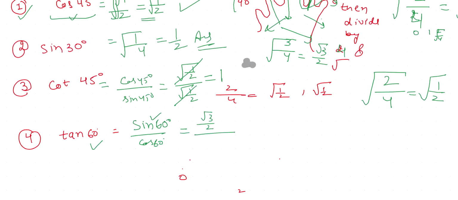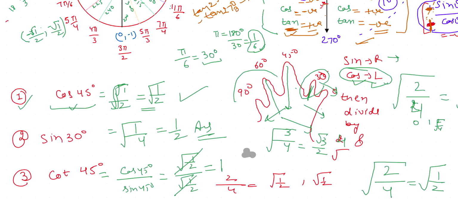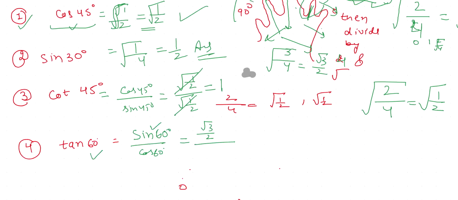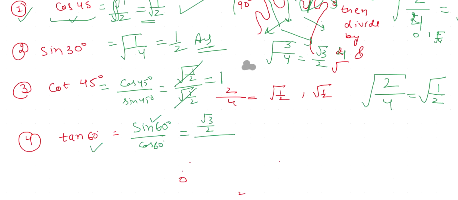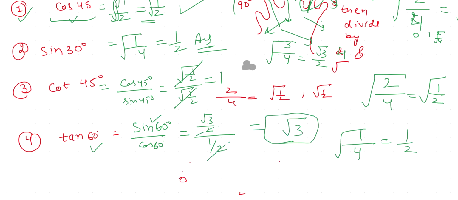For cos 60 degree, just check the number of fingers toward the left. There is only 1 finger. Then divide it by 4 and take the square root, that is 1 by 2. And then this 2 will be cancelled out, then you will get the value under root 3. By this method, you can solve the values.